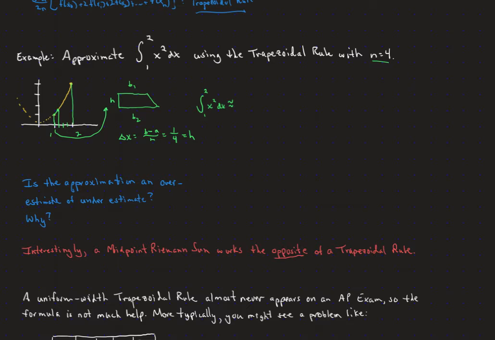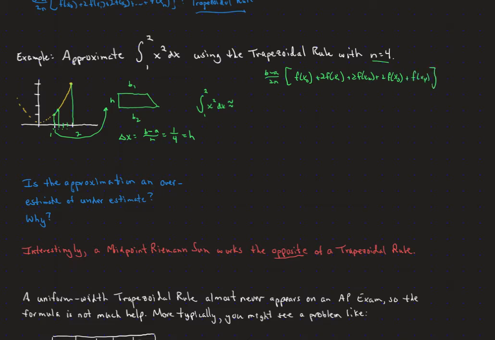So what we're going to do is use our formula. We're going to go b minus a over 2n. Since we have 4 trapezoids, we're going to go f of x sub 0, one of those. We're going to go 2 of the f of x sub 1s, 2 of the f of x sub 2s, 2 of the f of x sub 3, and then we're going to get 1 of the f of x sub 4.